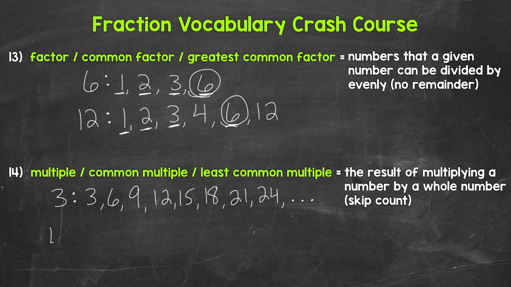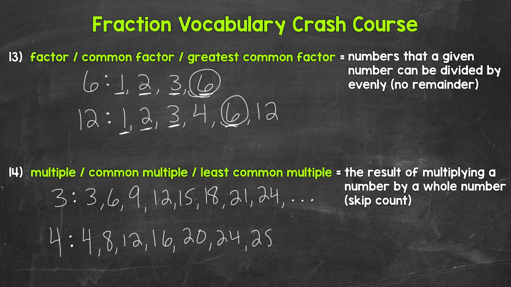Now let's take a look at some multiples of 4. So 4, 8, 12, 16, 20, 24, 28, 32, and so on. Now let's move on to common multiples. Those are all of the multiples that numbers share.